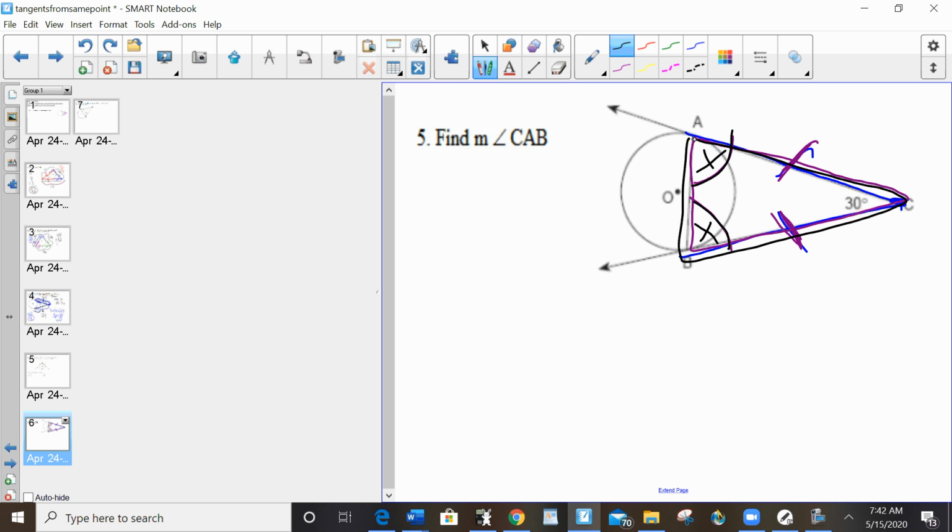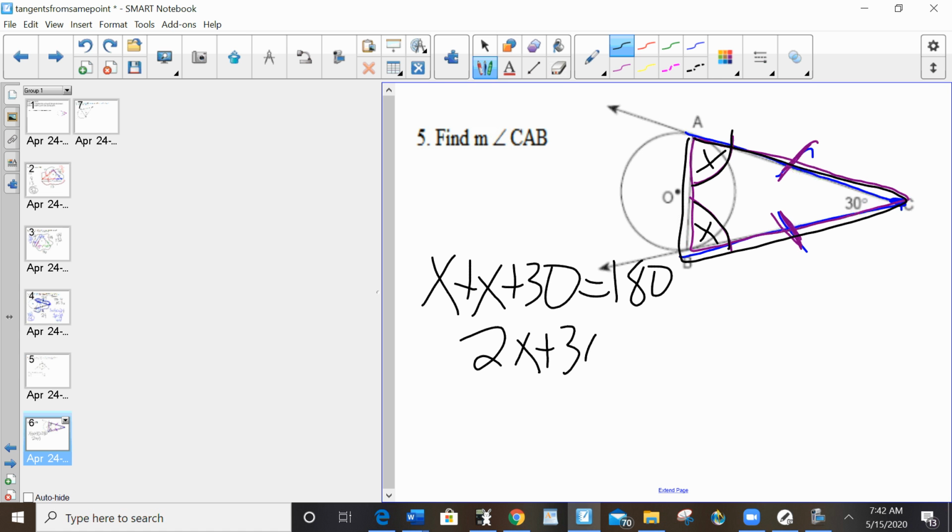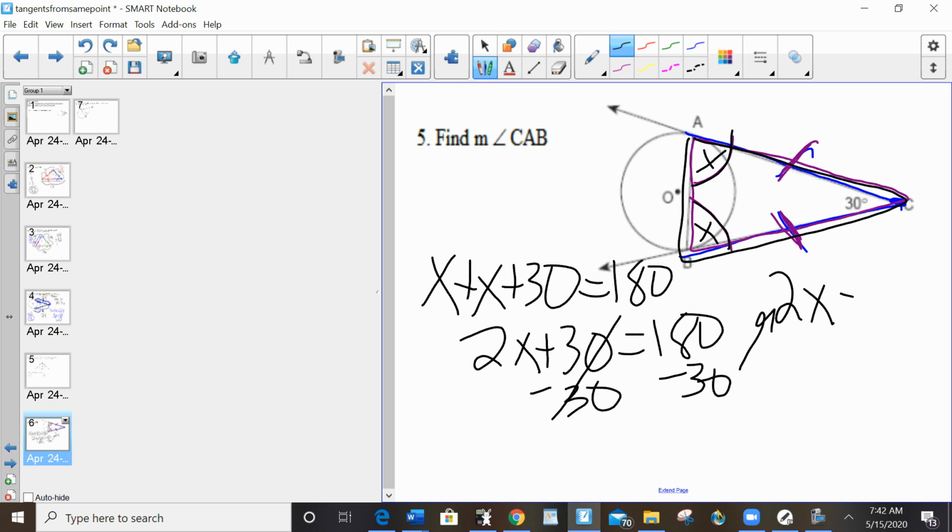I have expressions for the three angles. X plus 30 equals 180, since the angles of a triangle add to 180. From here, I do the algebra. This was literally one of the first lessons we did this year. And I get x to be 75.